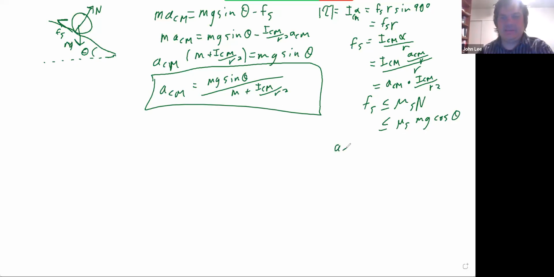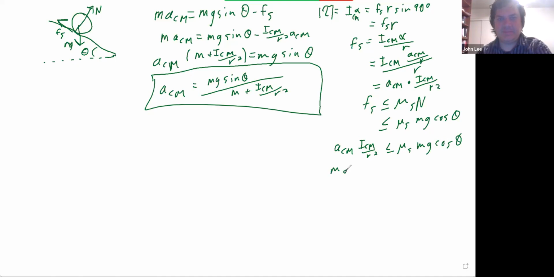So A center of mass times I center of mass over r squared is less than or equal to mu s mg cosine theta.